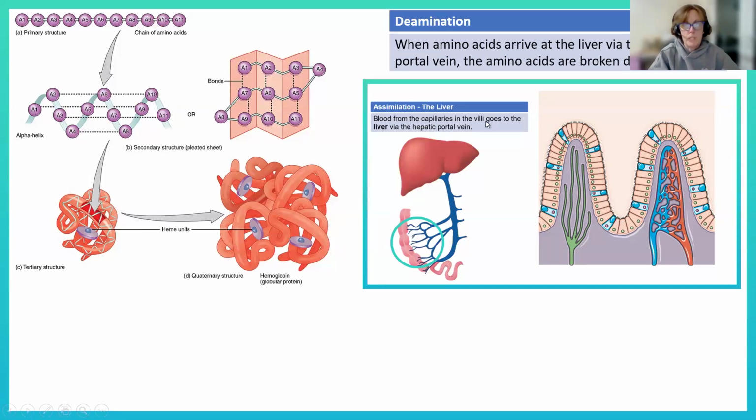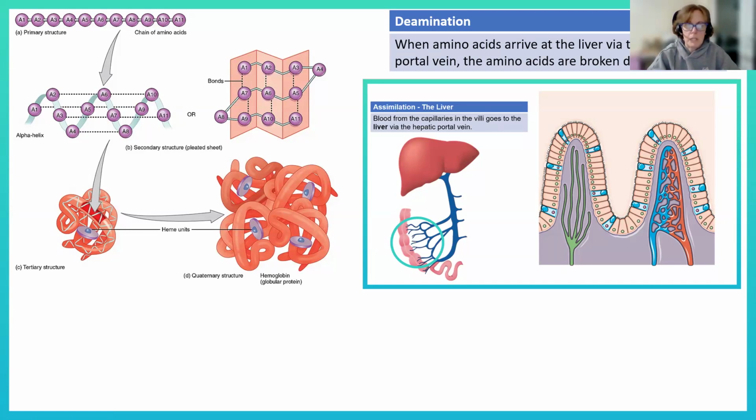And we know that we eat proteins, it's part of our diet, and that blood from the small intestine, this is the lumen of the small intestine here, gets supplied with the nutrients, and the blood goes into the liver from the small intestine. So when we eat proteins, what gets absorbed is not the protein.